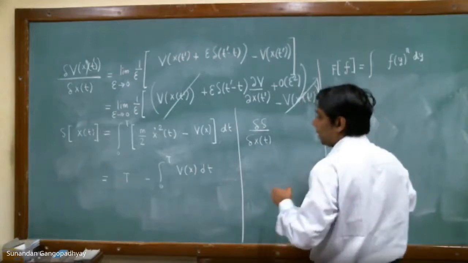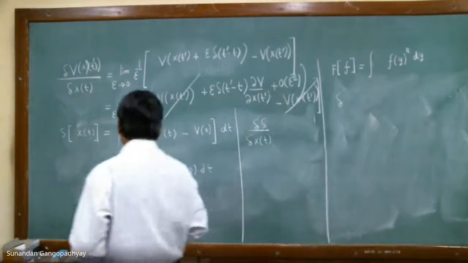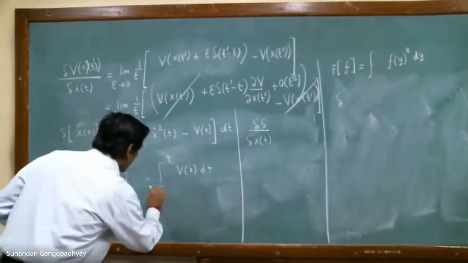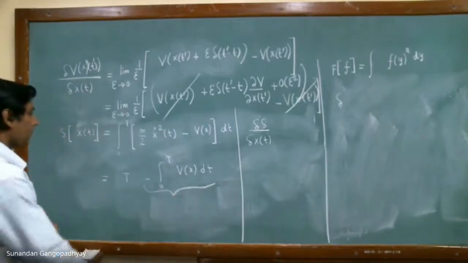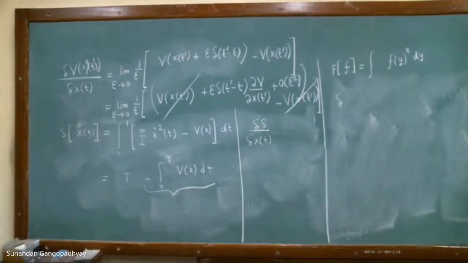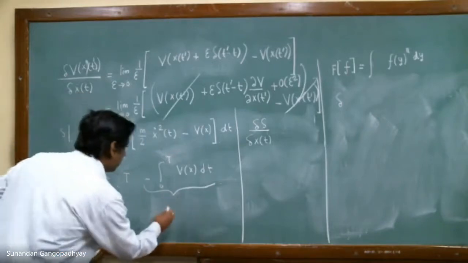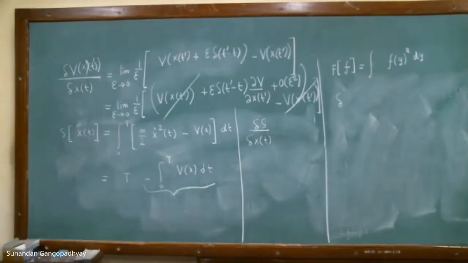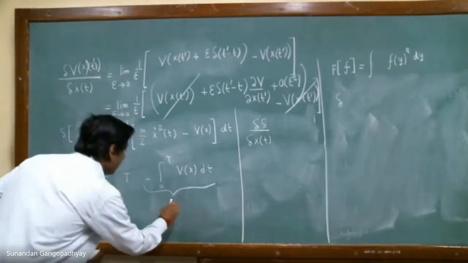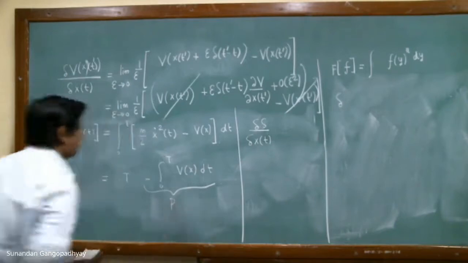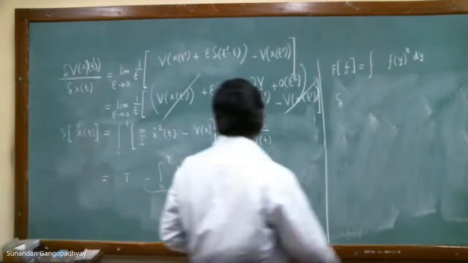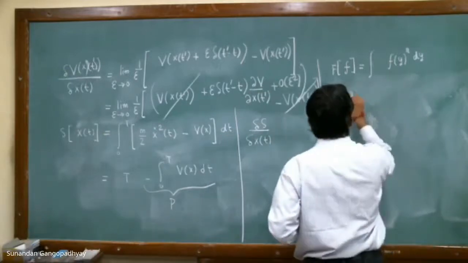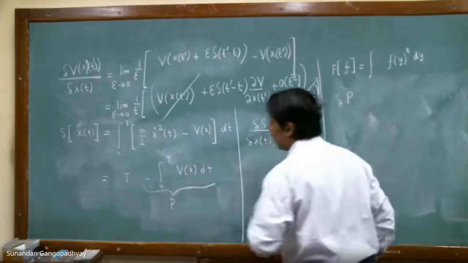So this term I will just call it, say, P, and I want to calculate delta P, which is obviously a functional of x.